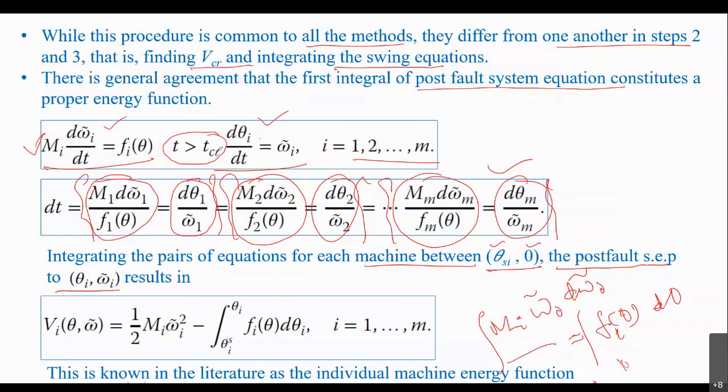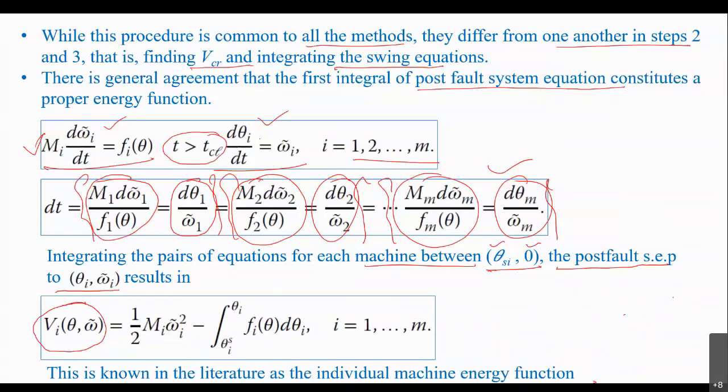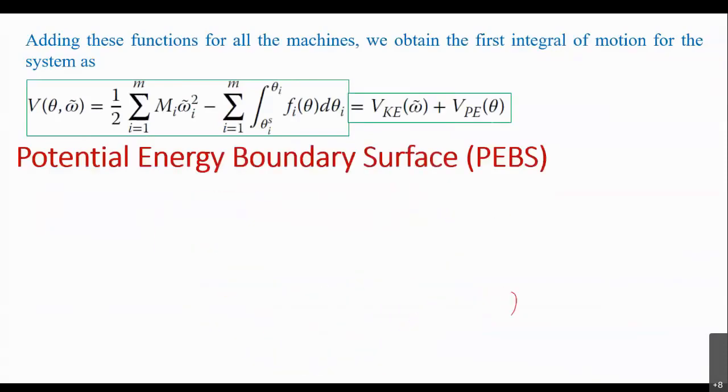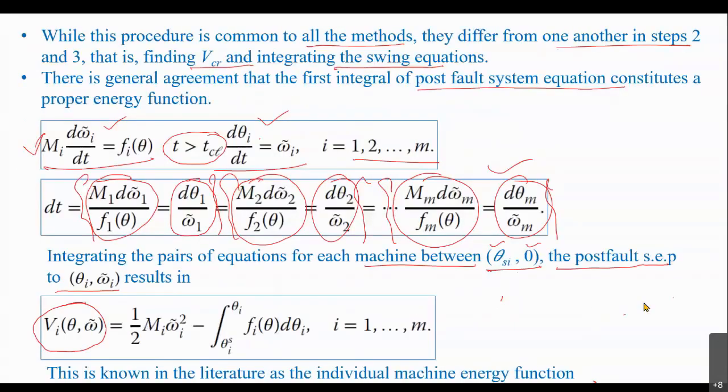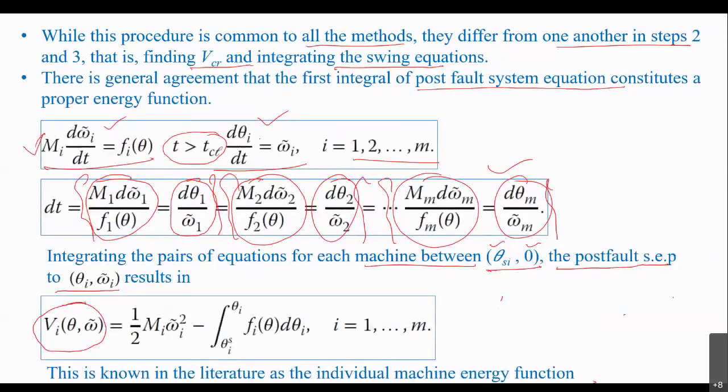So we represent this expression as a function, V_i(theta, omega tilde), and integrating, theta varies from theta_si to theta_i, and omega tilde varies from 0 to omega_i tilde.